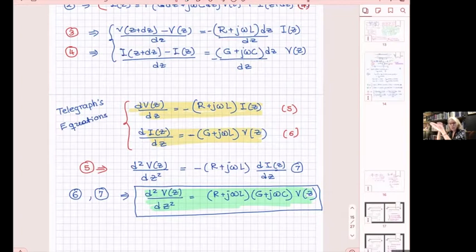Then they would have a switch and interrupt the current flow. By interrupting the current with Morse code, the current is interrupted on the other side of the line, and then you can pick up the code from there.